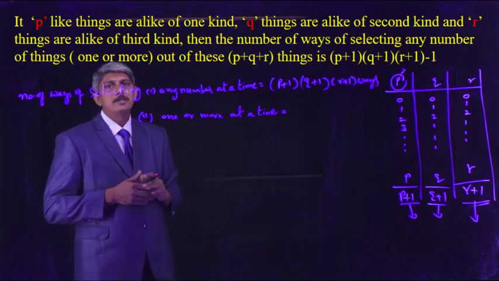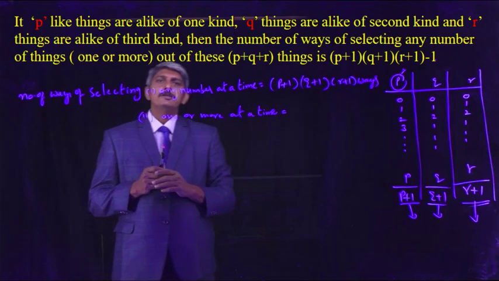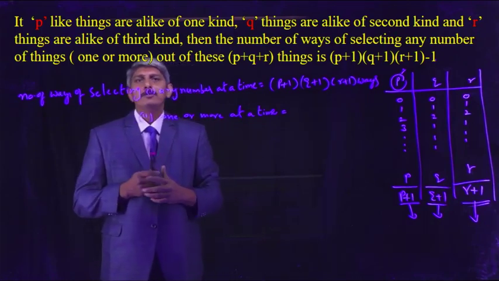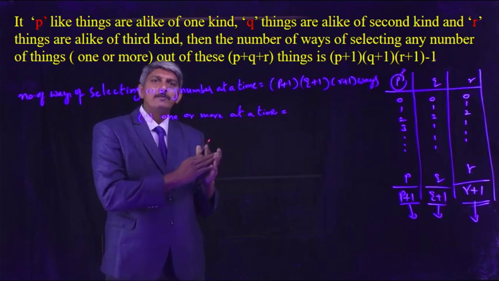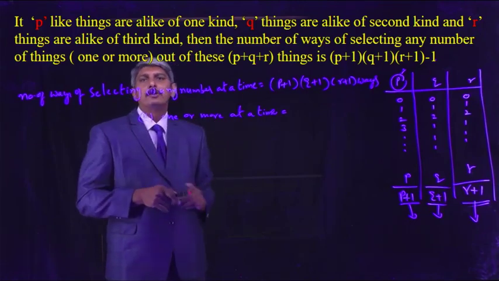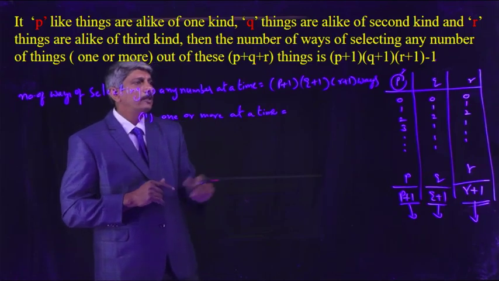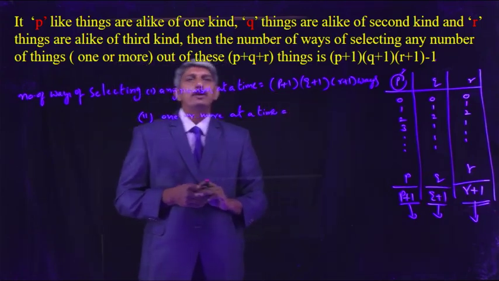Among all these cases, how many possibilities are there of not selecting any? Only one possibility. So we subtract 0 things out of the total number of things. What is the total number? P plus 1 into Q plus 1 into R plus 1.